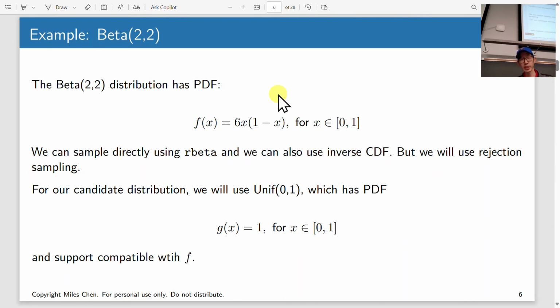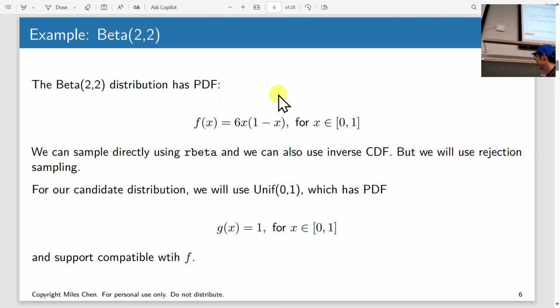So let's try an example. We have the beta 2,2 distribution. Remember, when you have a beta with shape parameters A and B, you've got this constant, and then it's x to the a minus 1 times 1 minus x to the b minus 1.